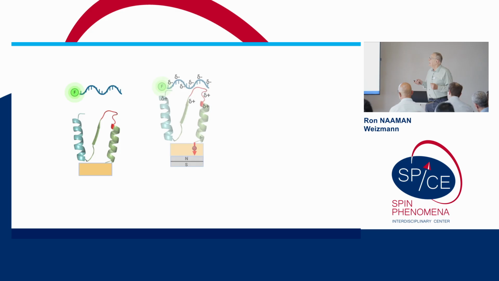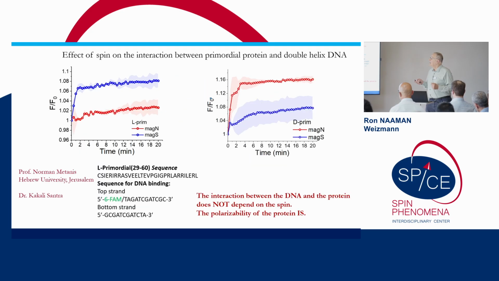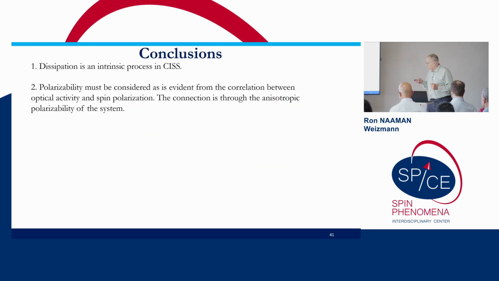Okay, now I will jump to the conclusion. Important, I didn't go too deep into it, but dissipation is really essential for this process. It cannot exist without the dissipation.